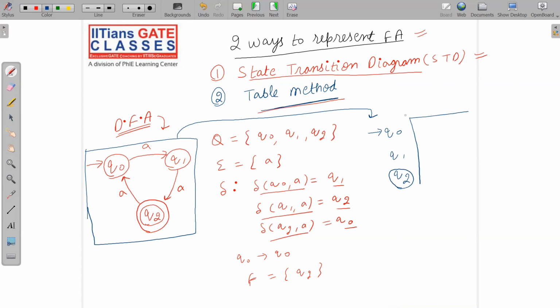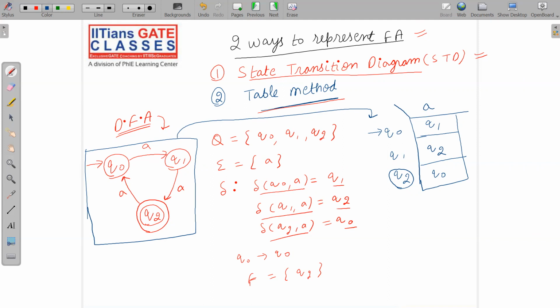Here we show the input A. Whenever the FA is in state Q0 and A is read, it goes to state Q1, so we fill in Q1. Q1 on A is Q2. Q2 on A is Q0. So this is your table method. I hope this is very simple and clear to all of you.